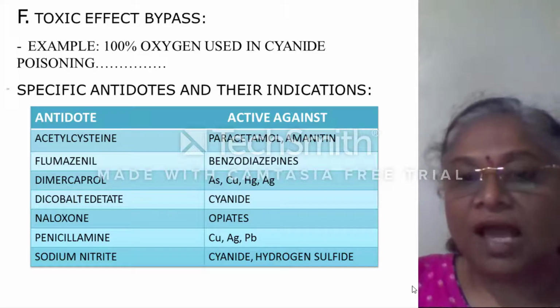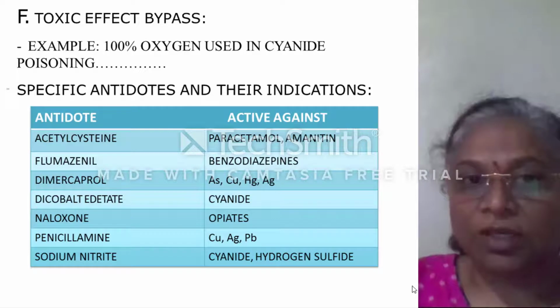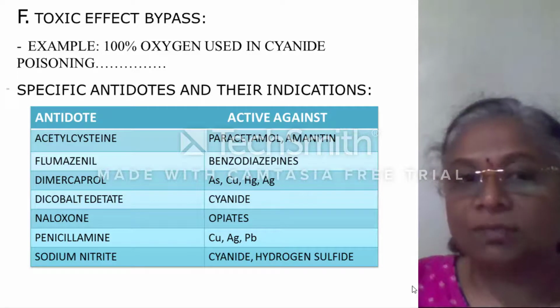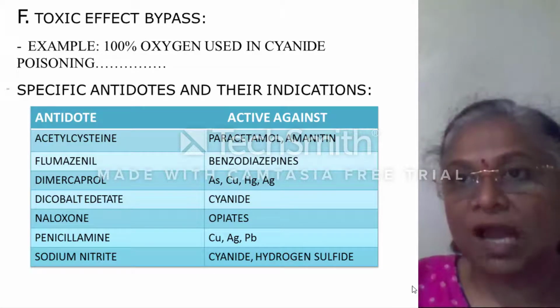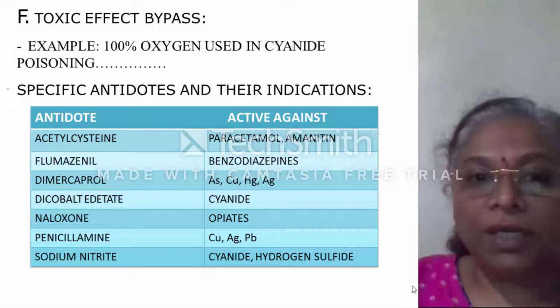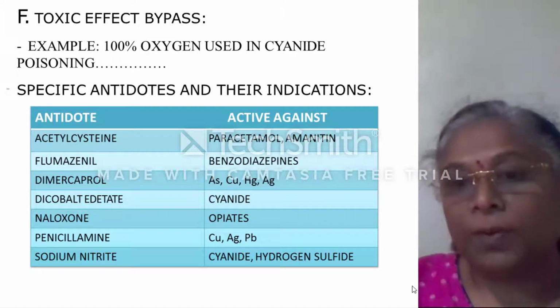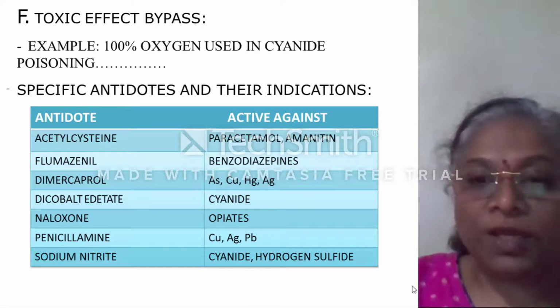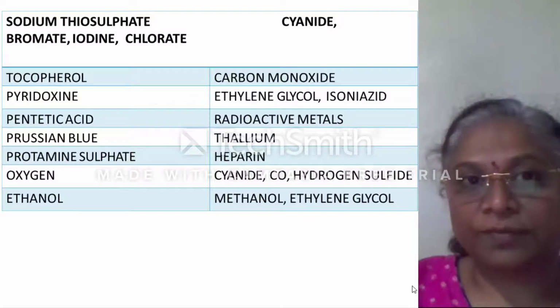So here I have given some examples of the antidotes and their indications: acetylcysteine for paracetamol, flumazenil for benzodiazepine poisoning, dimercaprol for various metal poisonings, arsenic, copper, mercury, then dicobalt EDTA for cyanide, naloxone for opiates, penicillamine again for copper, mercury and lead, and sodium nitrite for cyanide and hydrogen sulfide poisoning.